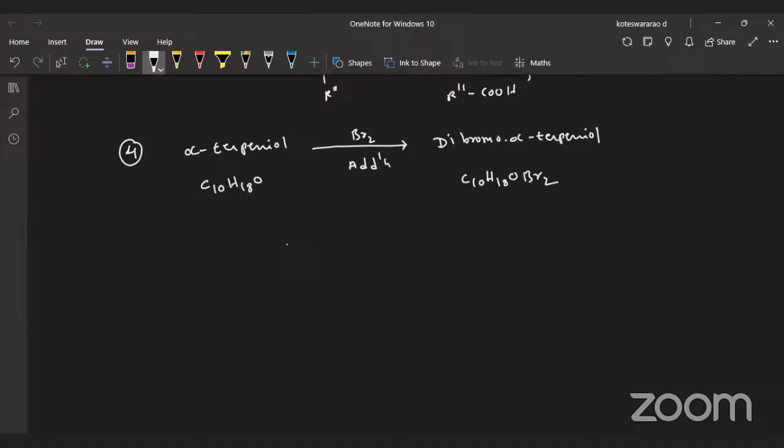When the addition reaction takes place, if the substance has one double bond, it undergoes bromine addition that leads to the formation of a dibromo product.